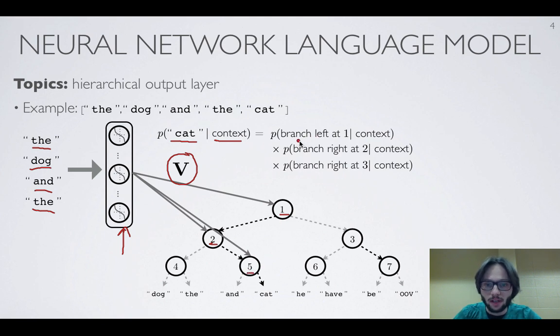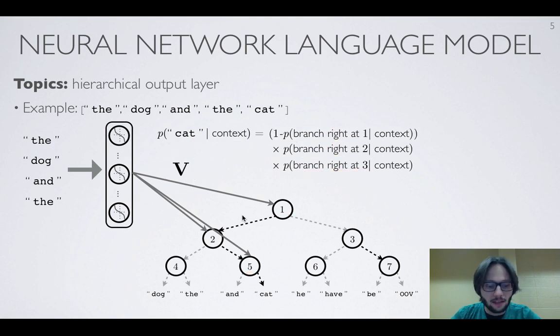So at 1 specifically, I want the probability of branching left, and then at 2, I want the probability of branching right, and then at 5, the probability of branching right. So this shouldn't be 3. This should be 5. And so now what we need is for the neural net to output this probability, to provide us a model for these probabilities of branching.